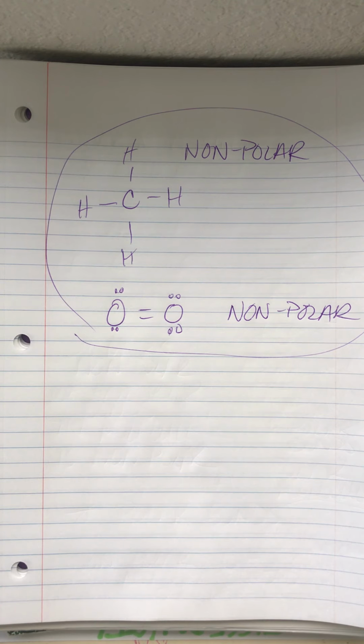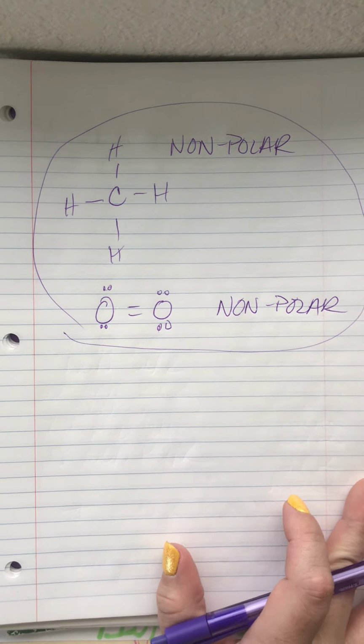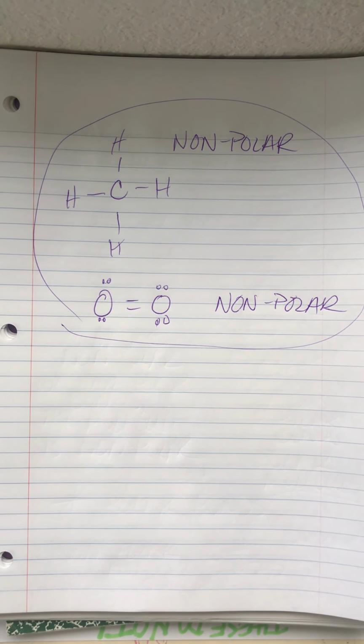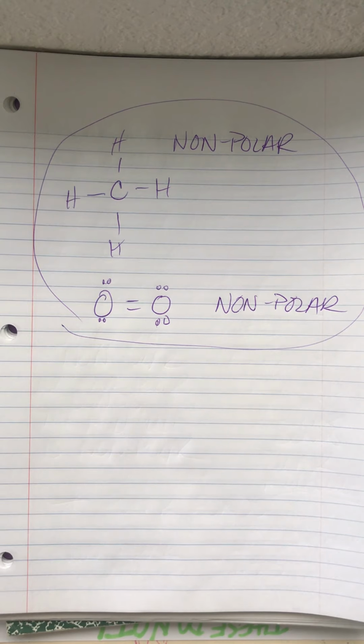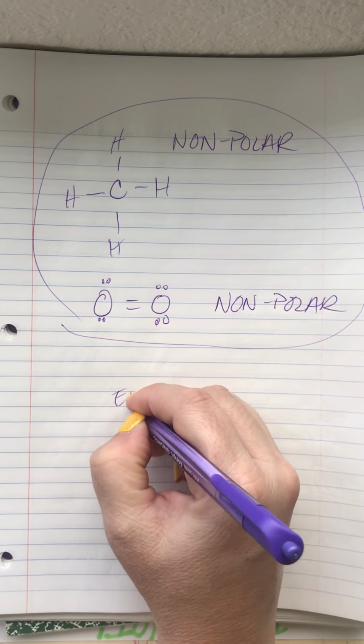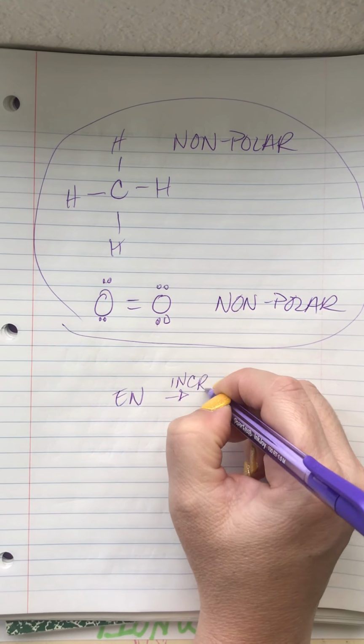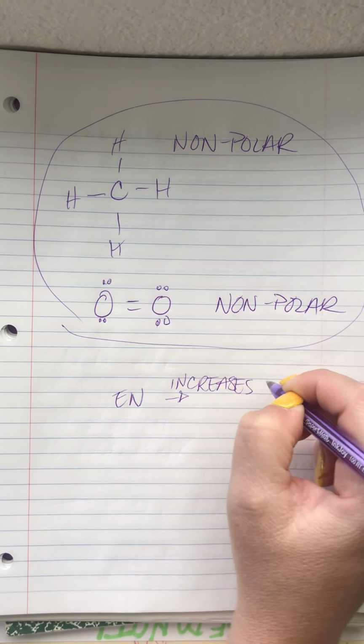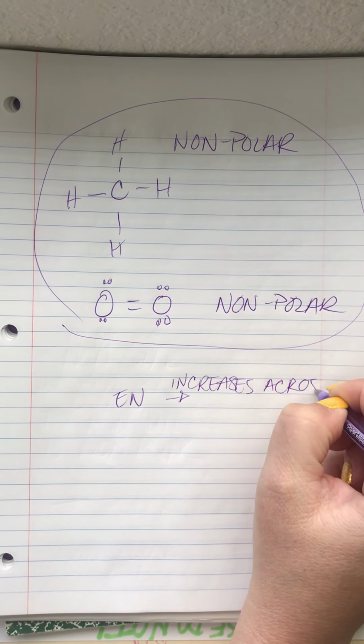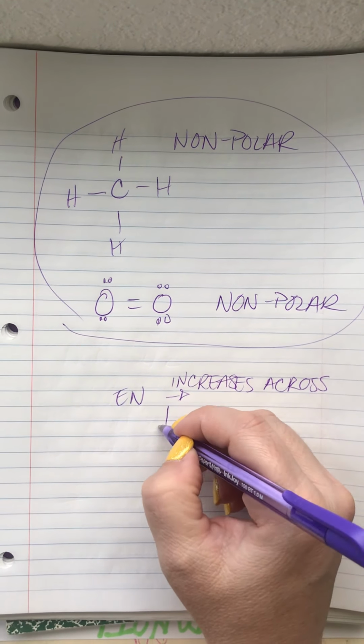Yes. Cool. I remember you saying though, like if the atoms are pretty close in electronegativity, then they just cancel out. Like if they're next to each other on the chart or on the periodic table or something. No. So electronegativity, we said, increases as you go across the periodic table, and then decreases as you go down.